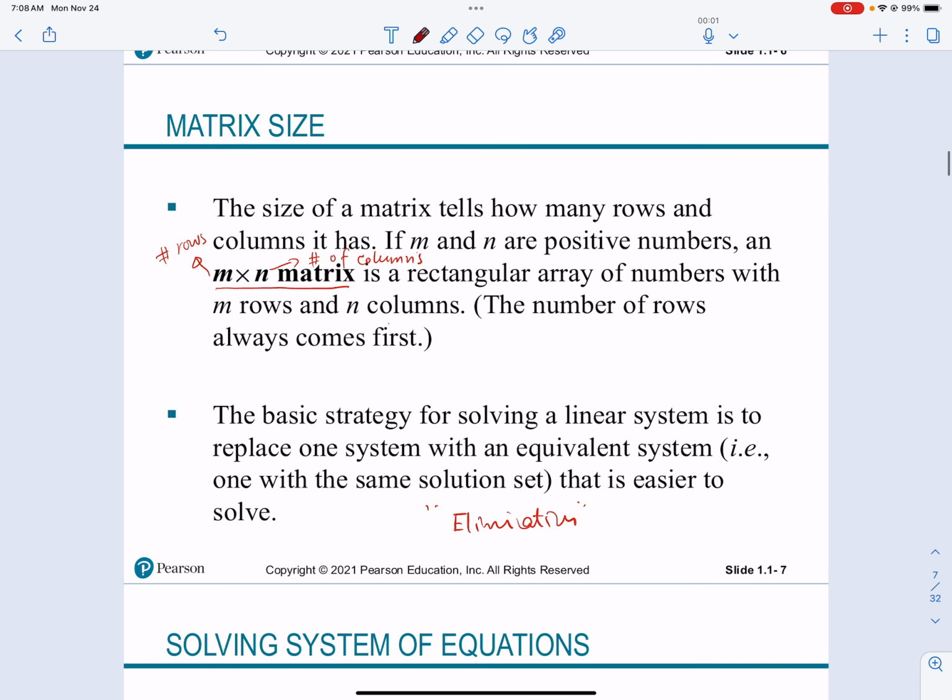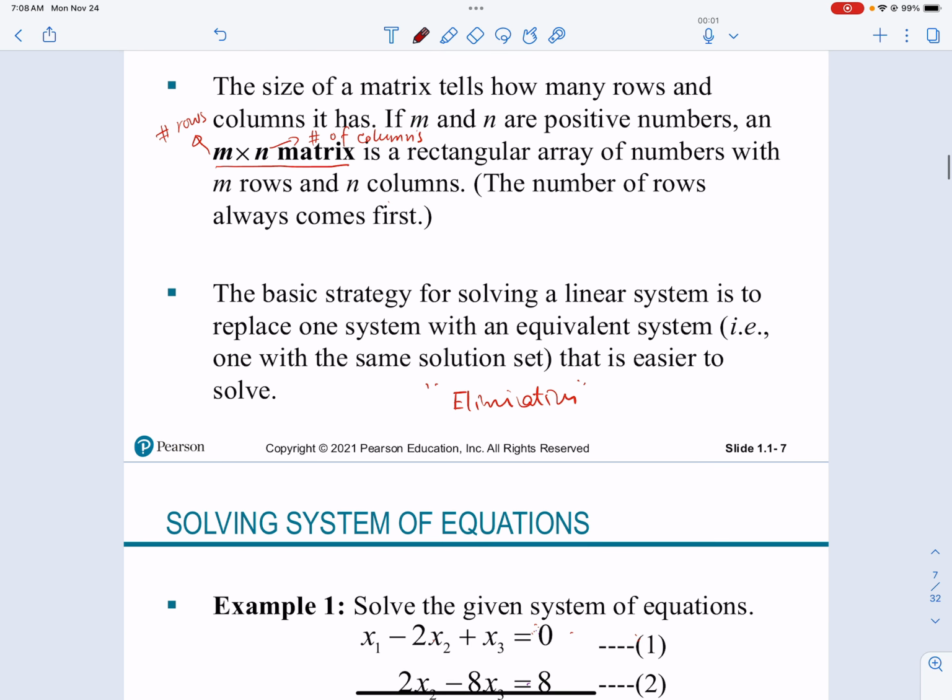Okay, and the basic strategy for solving a linear system: in algebra, typically what are the methods we use to solve a linear system? Elimination and substitution, yeah? These are the 2 methods that we have.